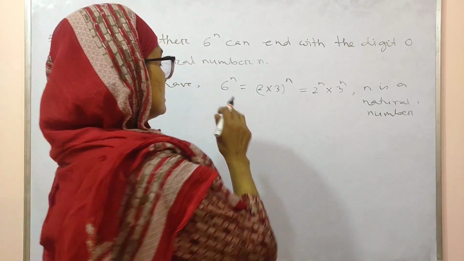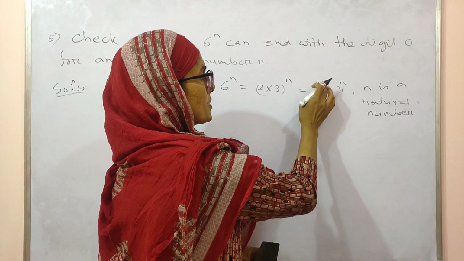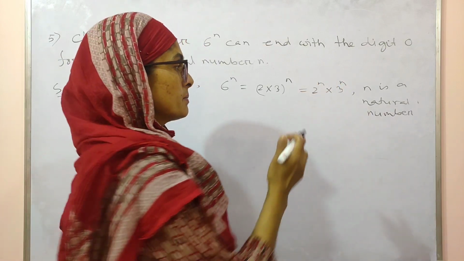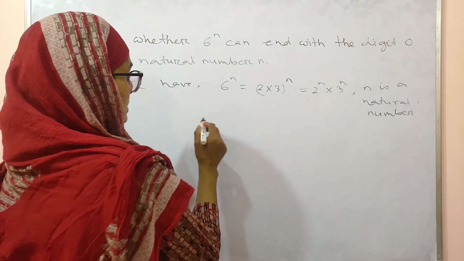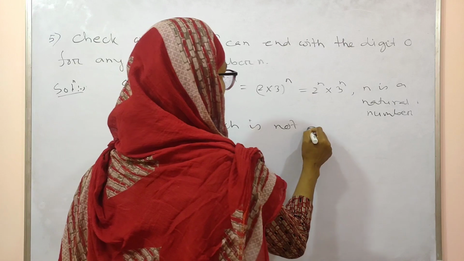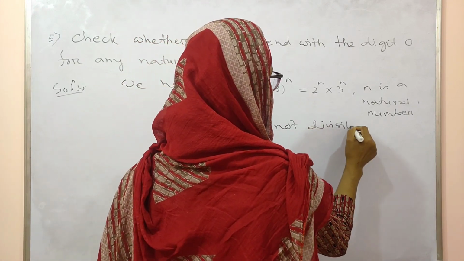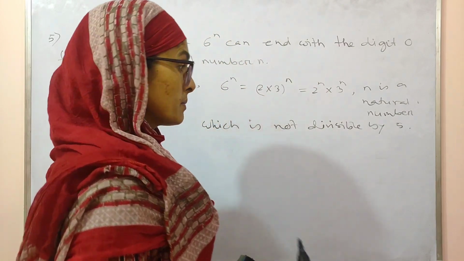Now, here the prime factorization of 6 power n is 2 power n and 3 power n. That means the factors are powers of 2 and 3, which is not divisible by 5.